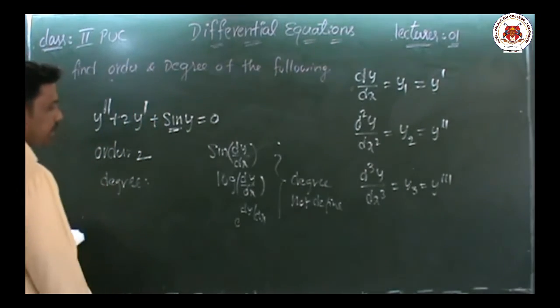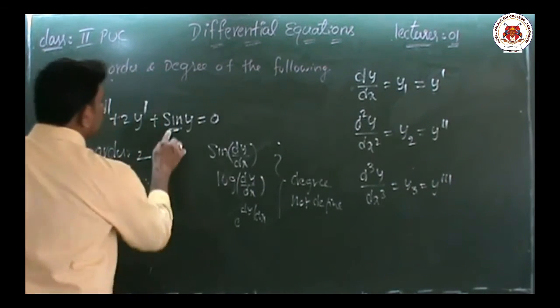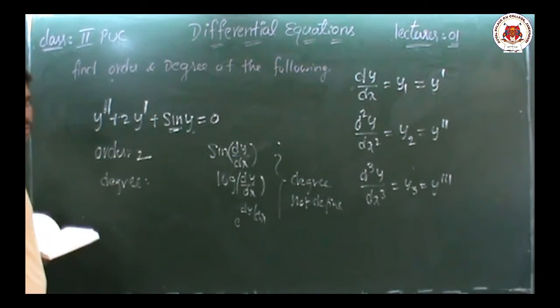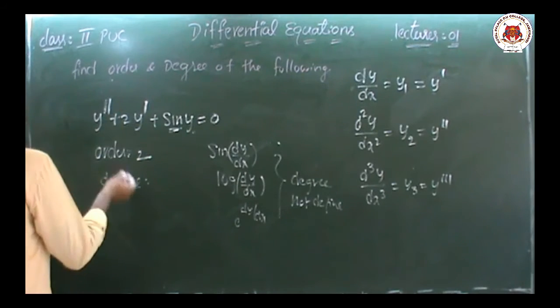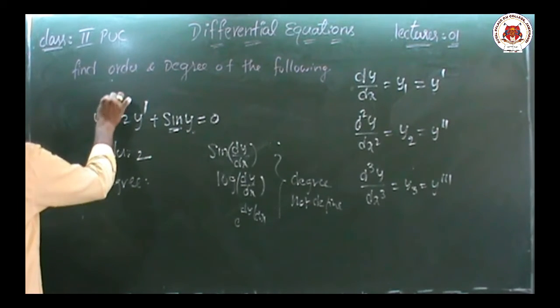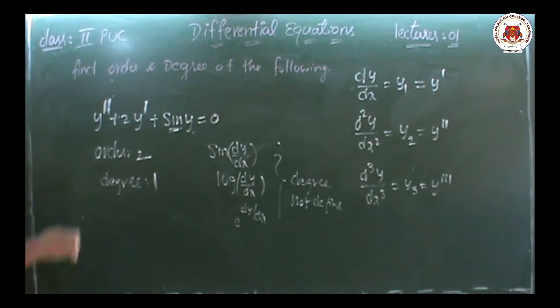So here a trigonometric function is there, but there is no dy by dx. So the degree is compulsorily defined. Here y double dash, this one's power, nothing is there, so power 1 is there. So order 2 and degree 1.